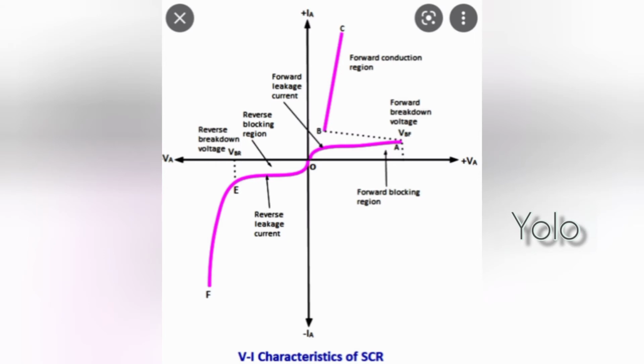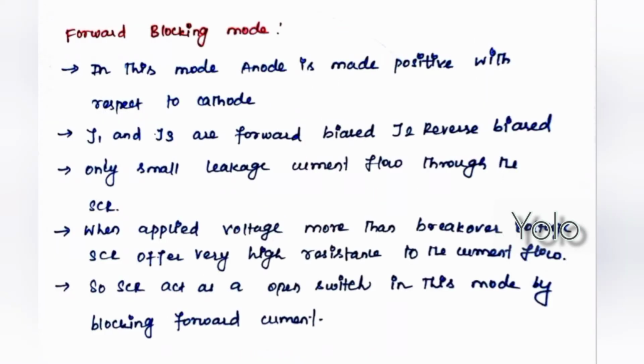When forward voltage is applied, J1 is forward biased, J2 reverse biased, J3 forward biased. When anode to cathode voltage is greater than the breakover voltage, junction J2 breaks down. If J2 conducts, then SCR will be in forward conduction mode.